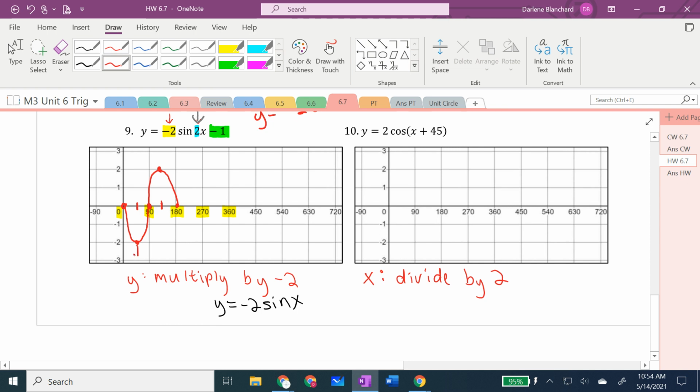So I'm going to go down 1 unit, down 1 unit, down 1 unit, down 1 unit, and down 1 unit. And then the graph will look like that in the end.